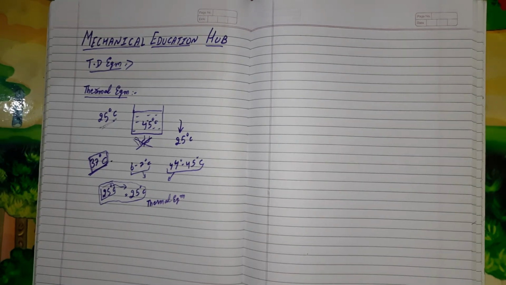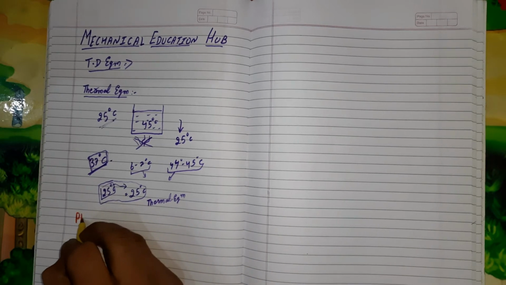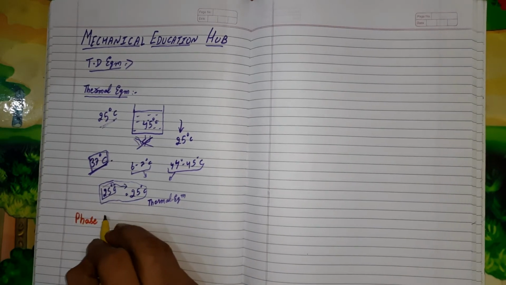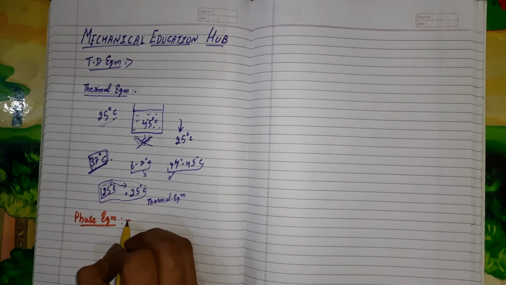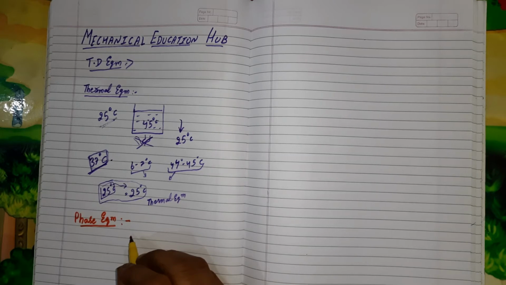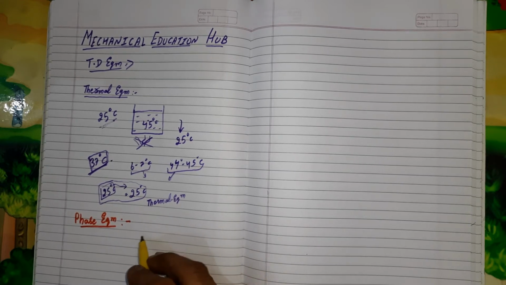Now moving further, second one, we have phase equilibrium. When the mass of each phase remains constant with time, then the system is in phase equilibrium. Let's understand it with an example.